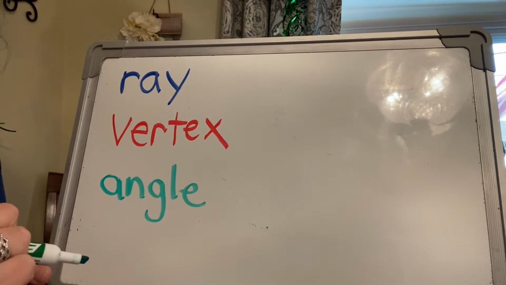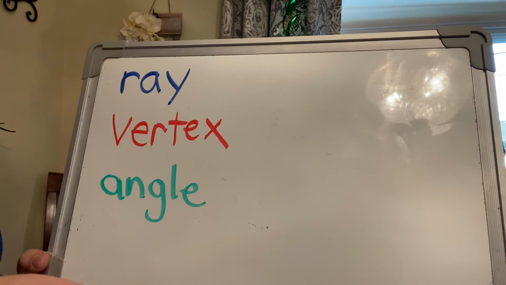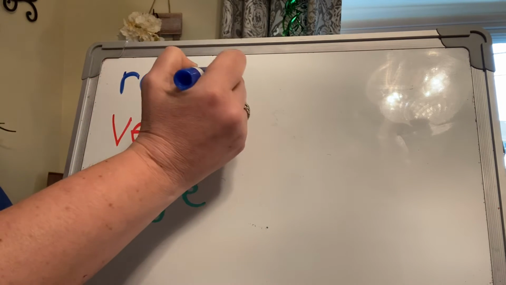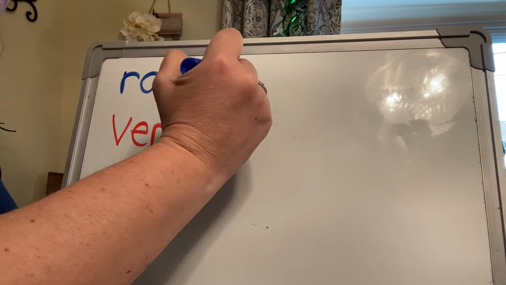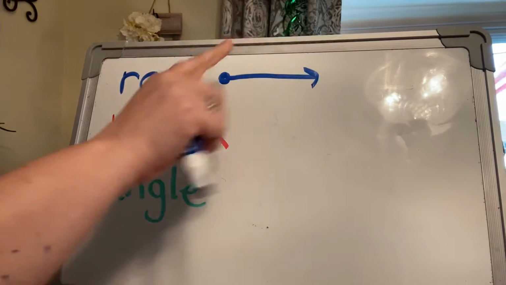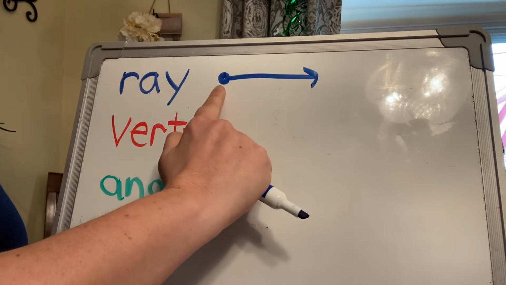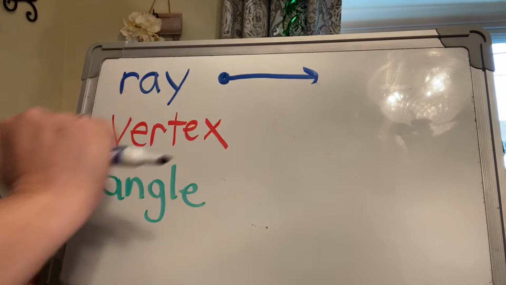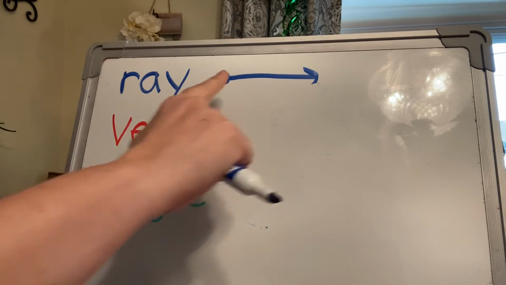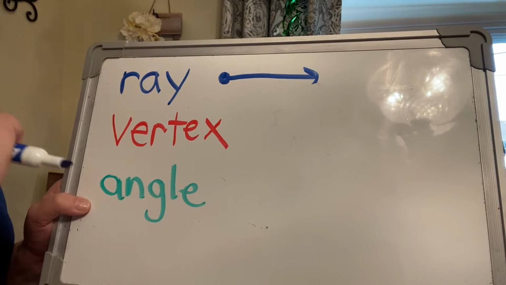Now I'm sure most of you remember from 3rd grade what a ray is. A ray has an endpoint. It's part of a line, but that other end goes on and on. It goes on and on in one direction. It has a starting point and then continues. That's called a ray.